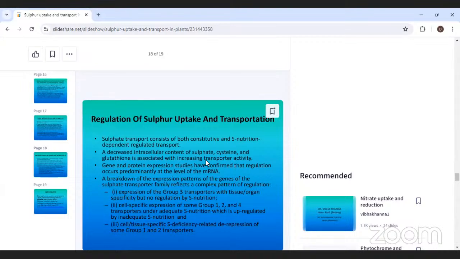The first pattern: expression of the group 3 transporter genes is tissue and organism specific but not subject to regulation by S nutrients. The second: cell-specific expression of some group 1, group 2 and group 4 transporters under adequate S nutrients, which is upregulated by inadequate S nutrients. Cell and tissue-specific S deficiency-related derepression of some group 1 and 2 transporters.